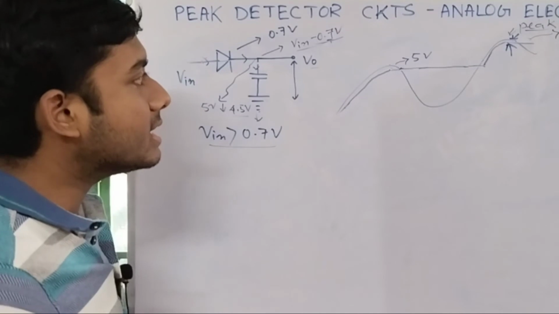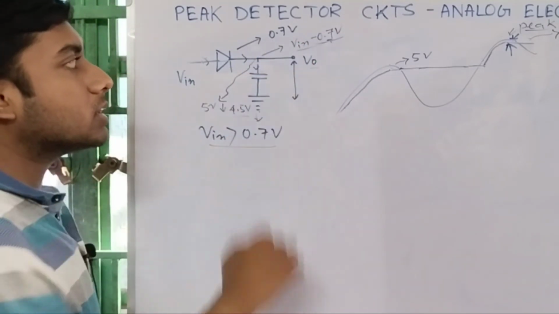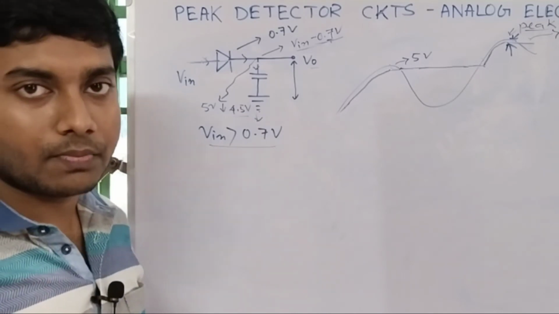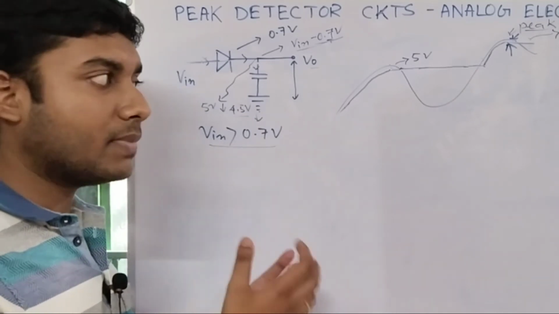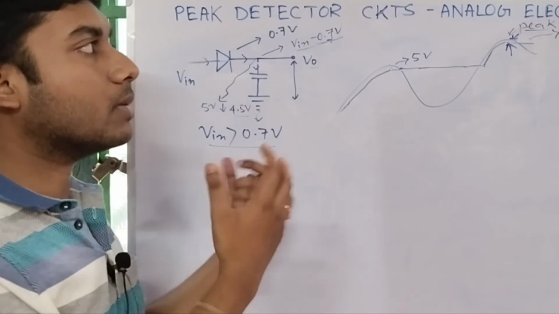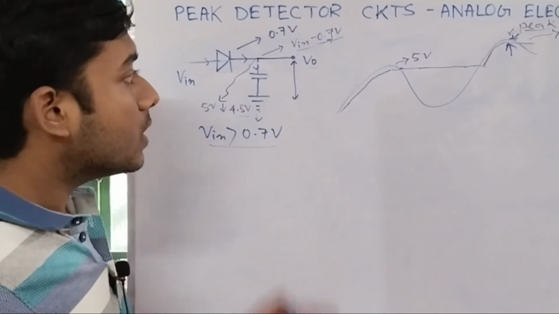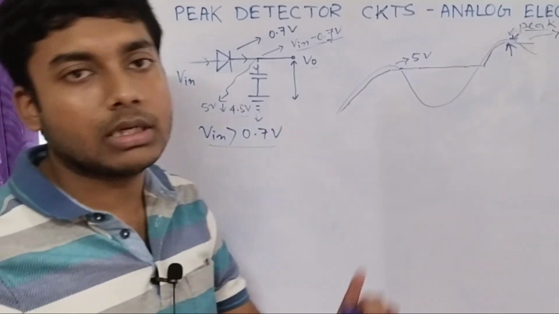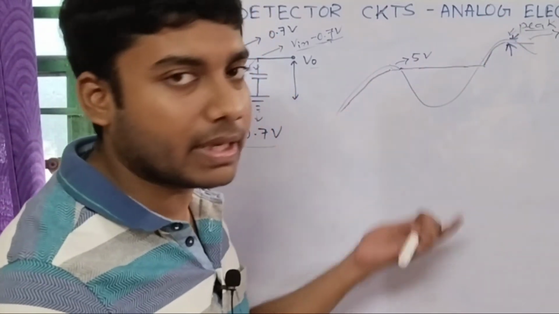The third drawback is that the diode's forward voltage drop of 0.7 volt depends on temperature also. As temperature increases, the diode's forward voltage drop will change, which will also have a negative effect on the V output detecting the peak, right?